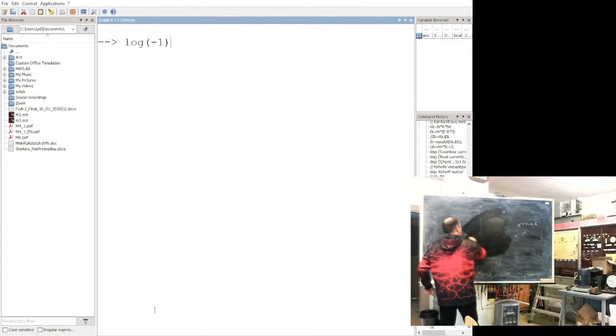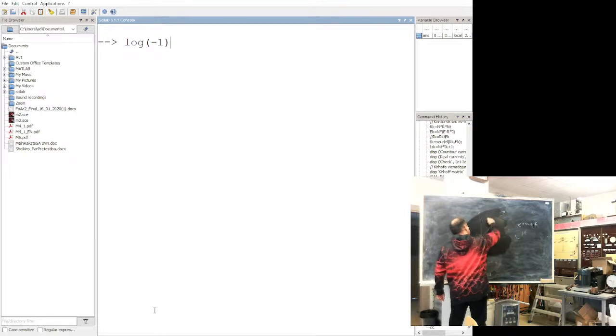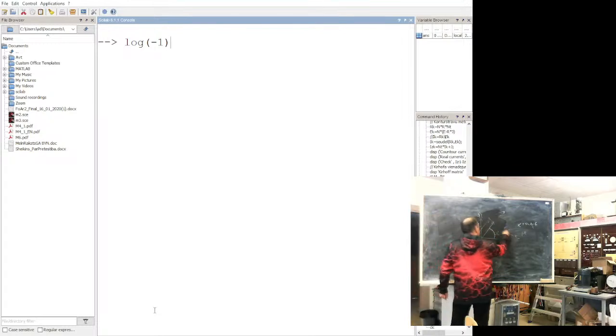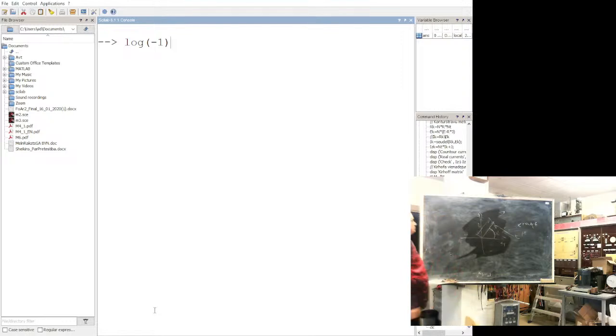Better draw it like this. e to the power j alpha means a vector with length 1 and angle alpha. This is correct, yeah?